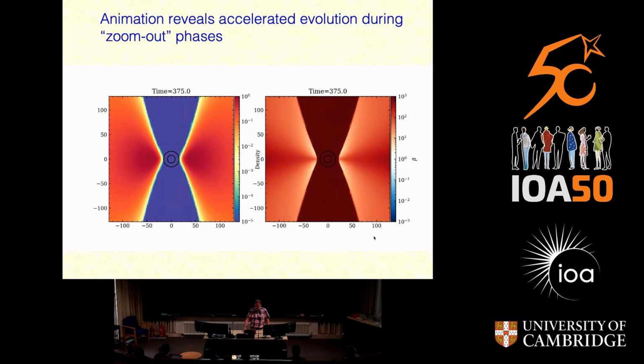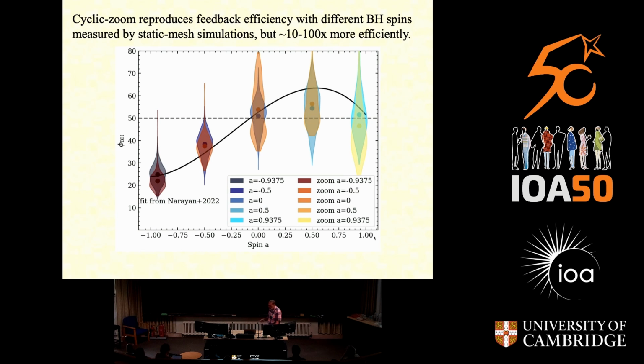And so I'll skip ahead just to say, the proof of the pudding is that if you measure the flux on the horizon, which is an important ingredient for getting the AGN feedback correct, the Blandford-Znajek power and the jet correct, this black line is the variation of the flux on the horizon with spin measured from a set of direct simulations by Narayan et al.